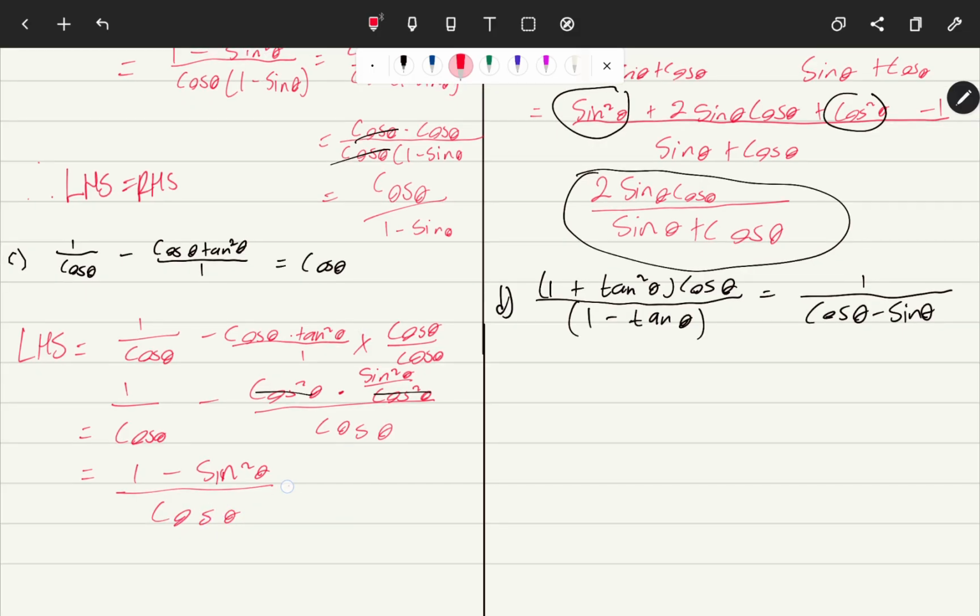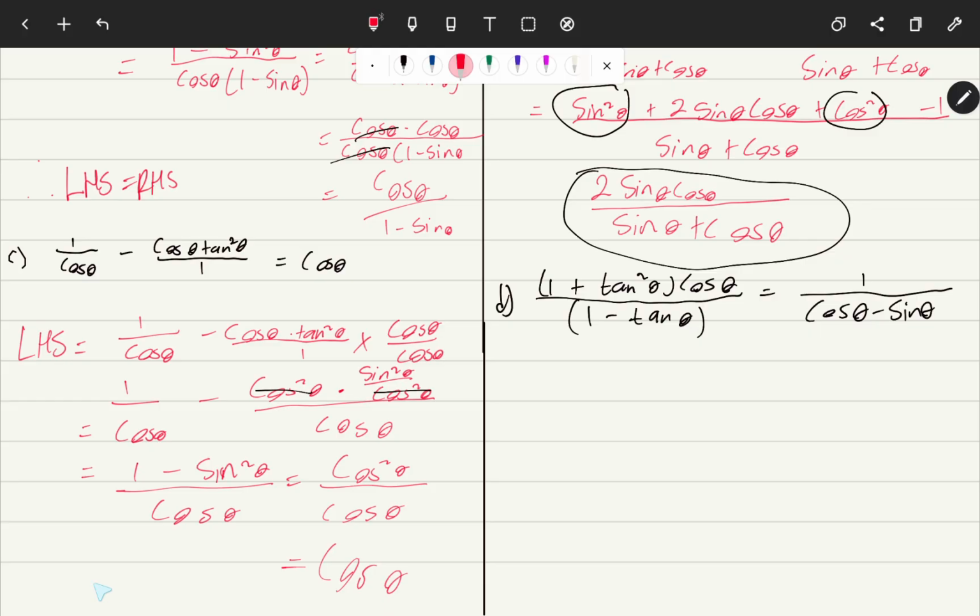Then you remember that 1 minus sin²θ is cos²θ. So we have cos²θ over cos²θ. Divide the two, you're just going to get cos². Done and dusted. Then you will just say, therefore, left hand side equals right hand side, and you are done with your example. Understood?